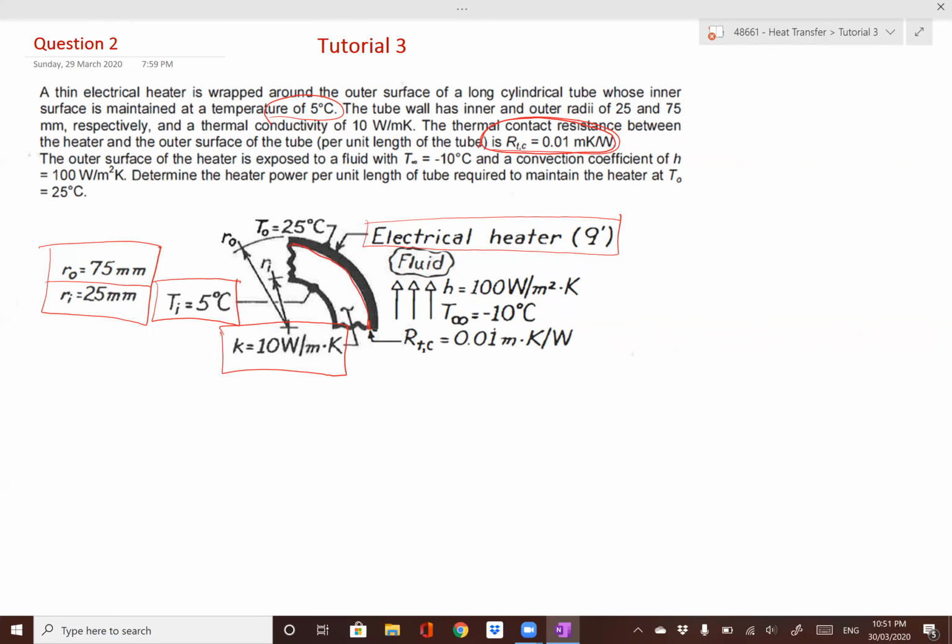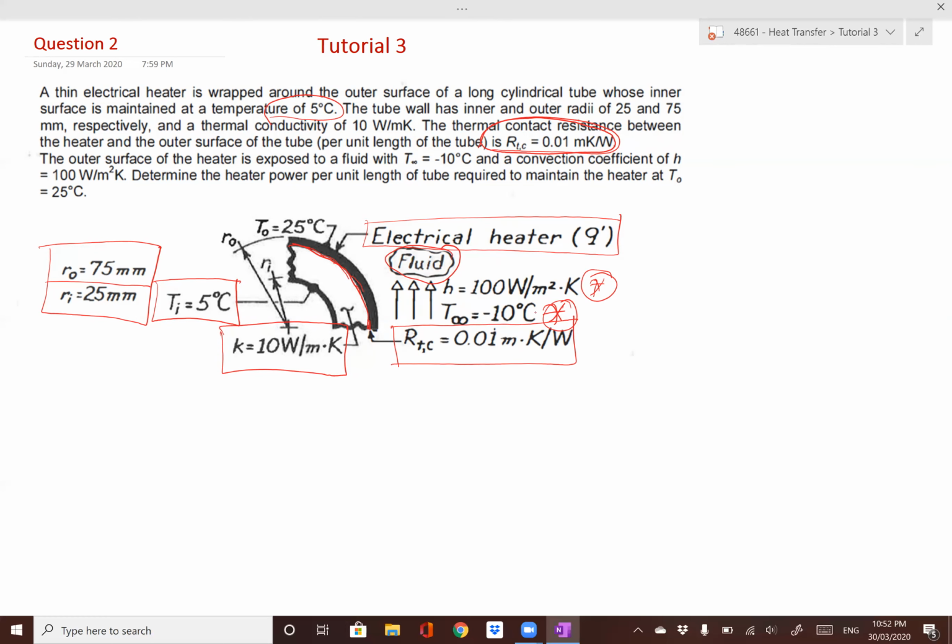This contact resistance is given as 0.01 meter Kelvin per watt. Now the outer surface of the heater is exposed to fluid at negative 10 degrees, so the fluid temperature is given as negative 10 degrees, and the convection coefficient H is given as 100 watt per meter square Kelvin.